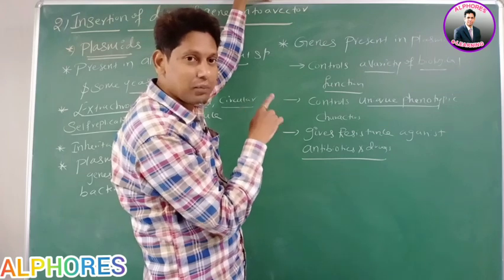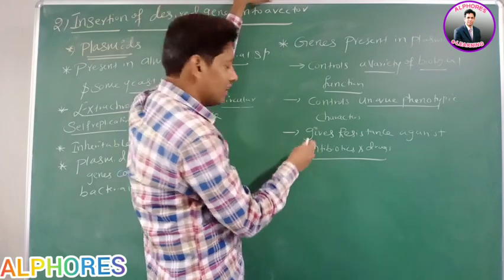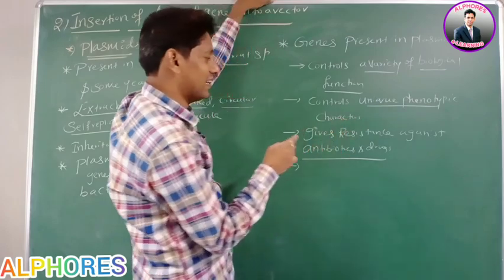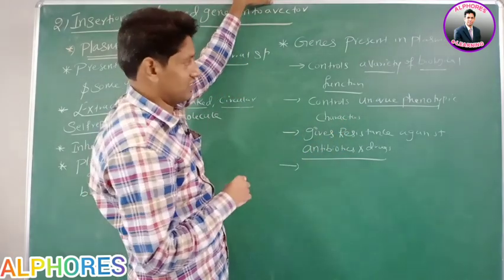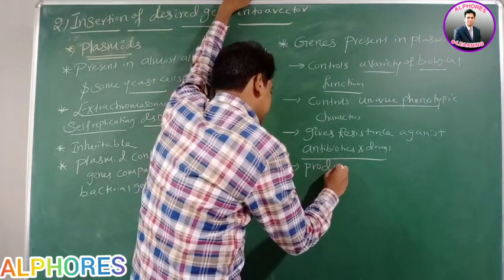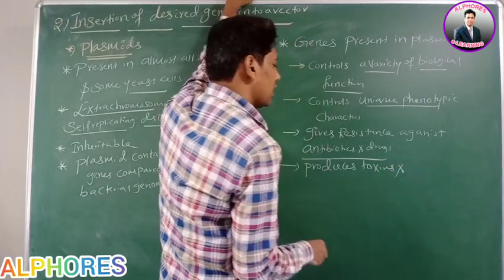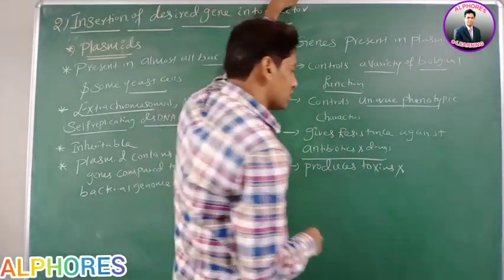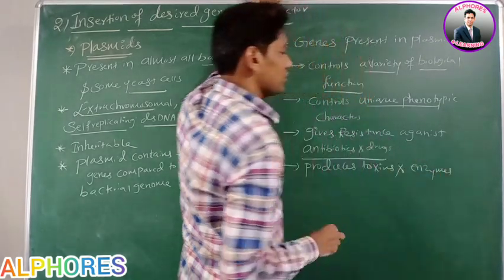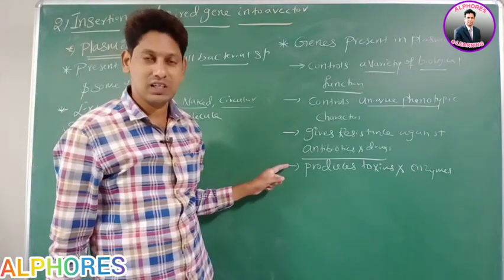Therefore, genes which are present in plasmids give resistance for a bacterial cell against the antibiotics. Genes present in plasmid produce toxins and enzymes. Produce what? Toxins and enzymes. Is it okay?